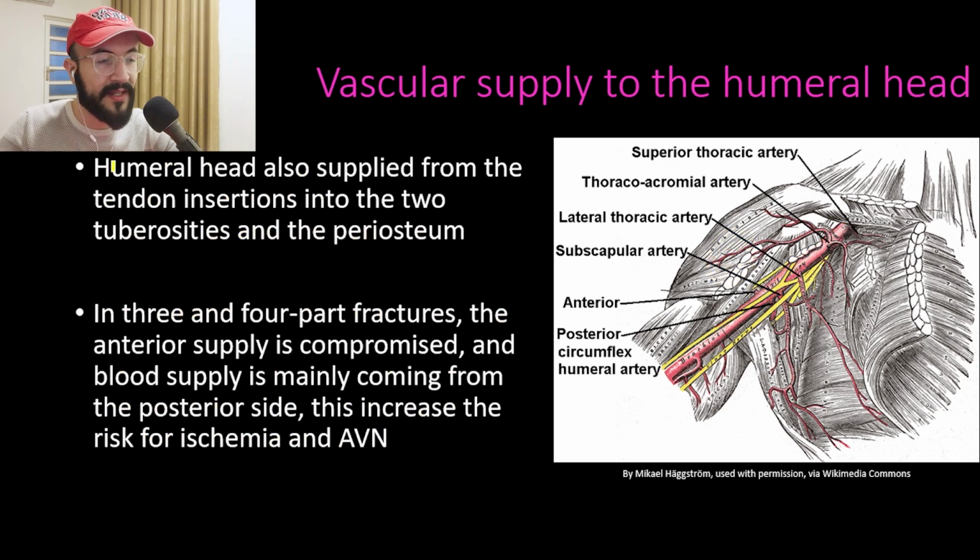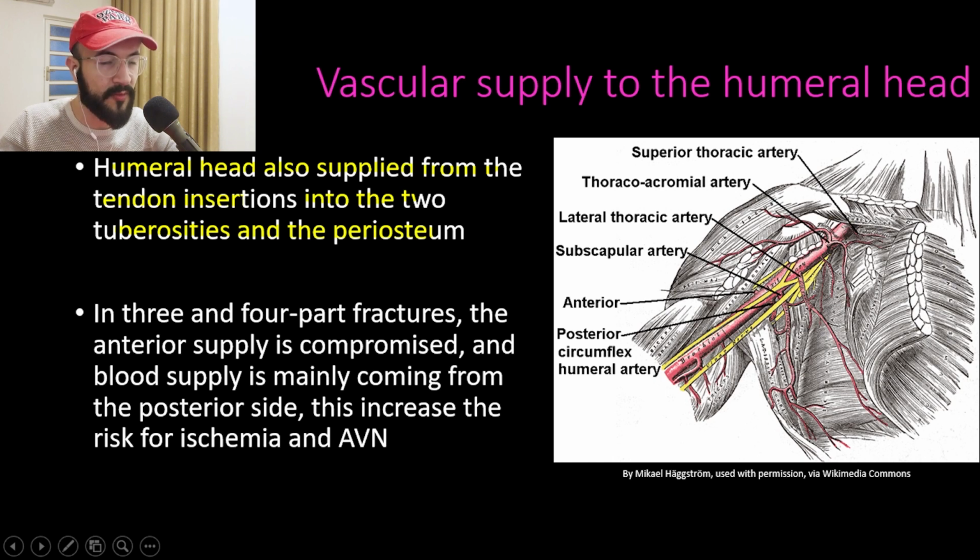Now, the humeral head is also supplied from the tendon insertions into the two tuberosities and the periosteum, besides the anterior and posterior circumflex humeral arteries. And the most important vascular supply to the humeral head comes from the posterior circumflex humeral artery, because a little while ago, the arcuate artery was thought to be the most important supplier for the humeral head, but now many studies confirmed that the posterior circumflex humeral artery is the most important.